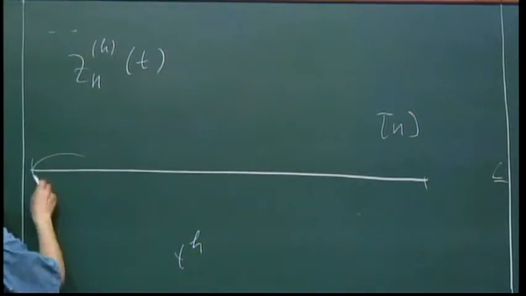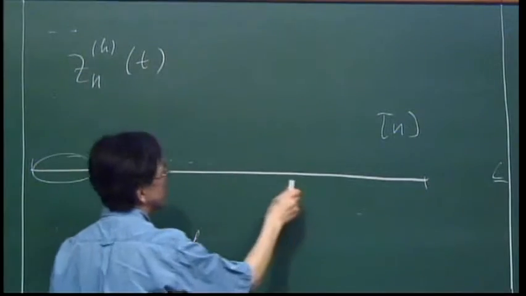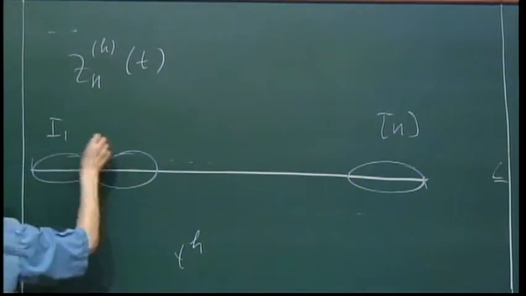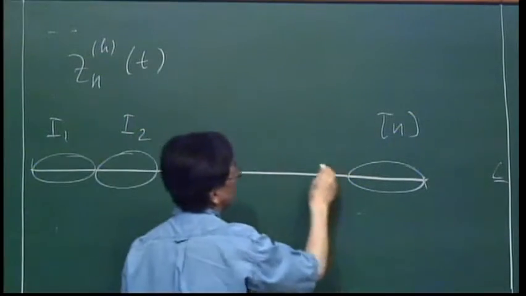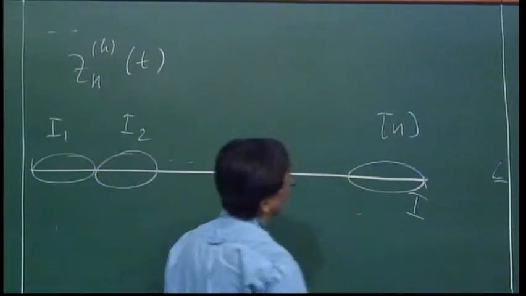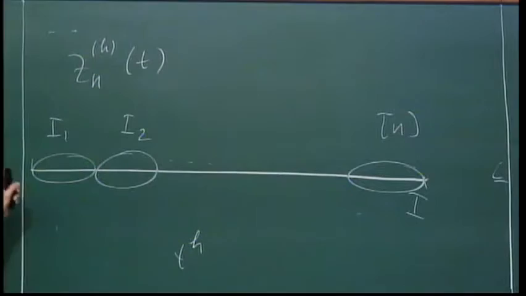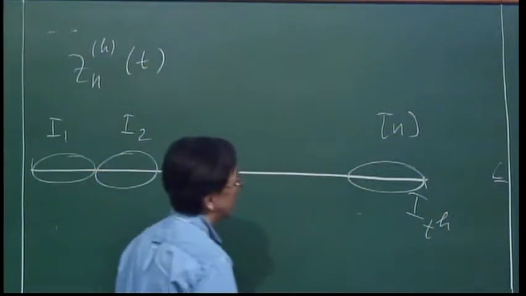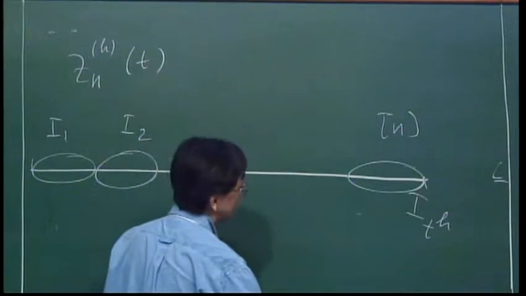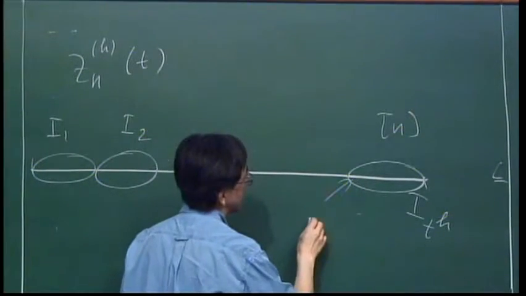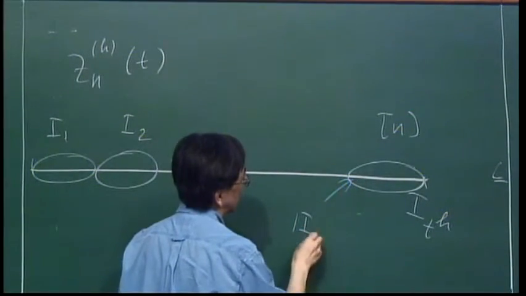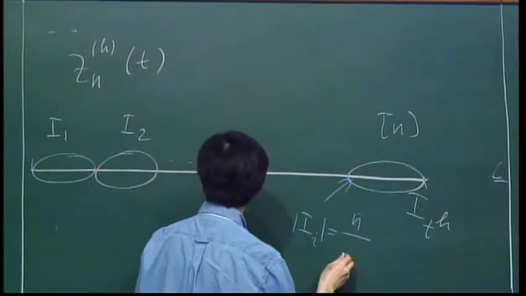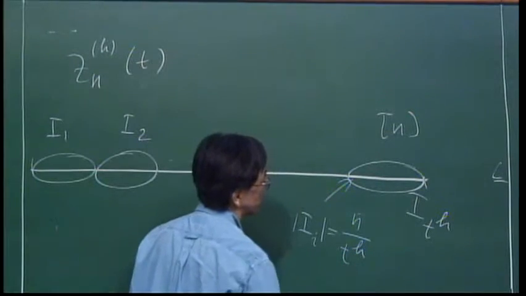You do something pretty natural. You split brackets n into consecutive intervals, T of h of them, all of the same size. So each has size n divided by T to the h.